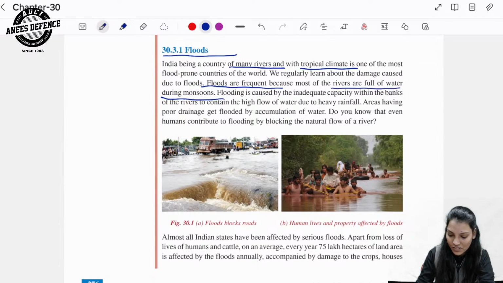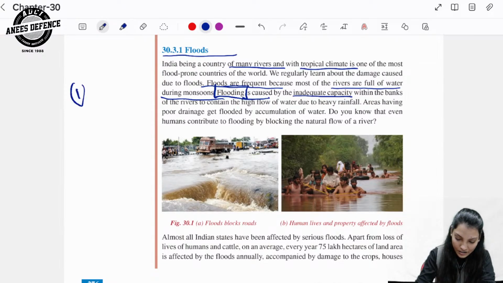Flooding is the condition where the capacity of the river gets reduced. It cannot hold the water anymore. So, inadequate capacity of the river to hold the water. Because of that only, flood occurs. Why does flood occur?